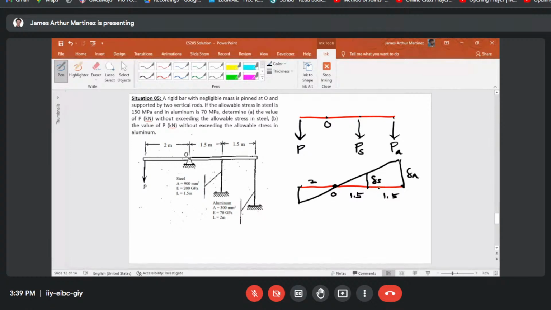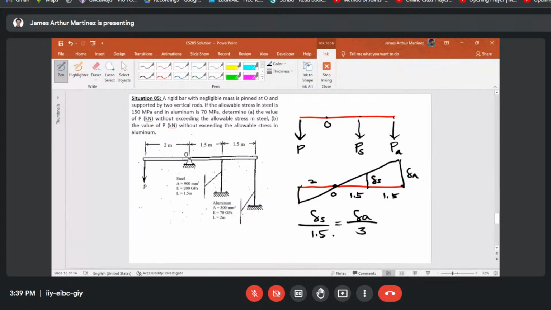So atong i-relate ang deformations for both materials. So by ratio and proportion, you have deformation of steel over 1.5. So small triangle is to big triangle, no? So height sa imong big triangle would be deformation of aluminum. Then base sa imong big triangle would be 1.5 plus 1.5 which is 3 meters, no?